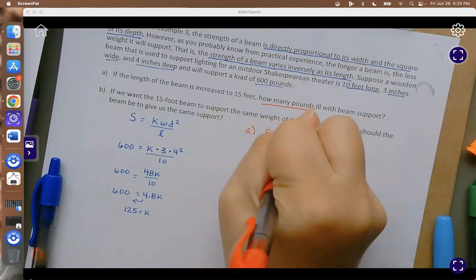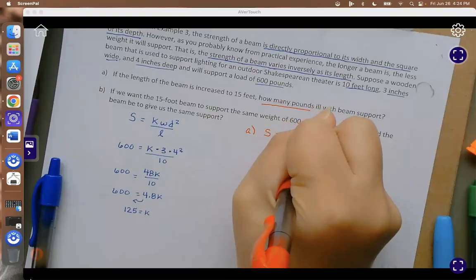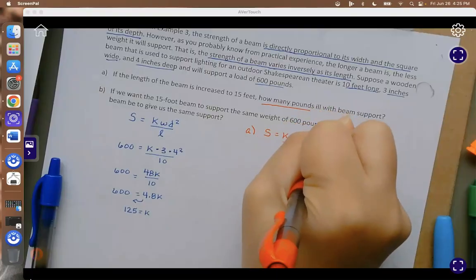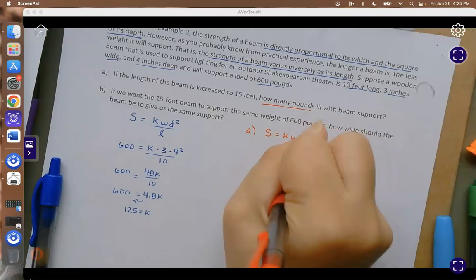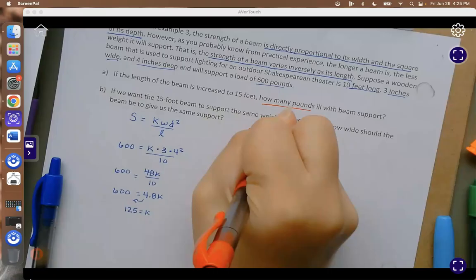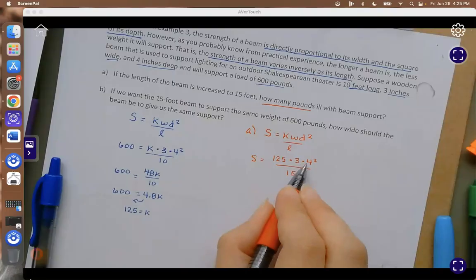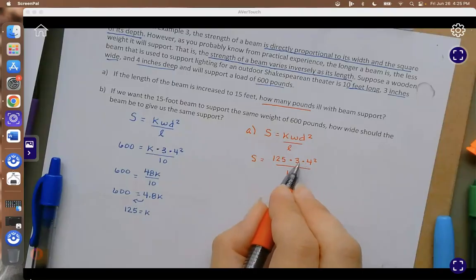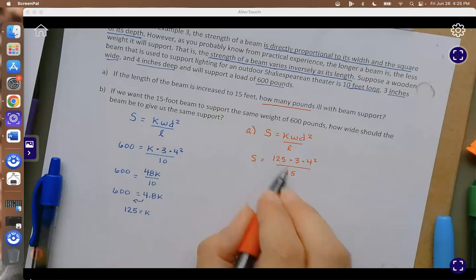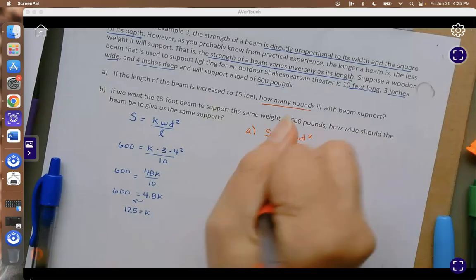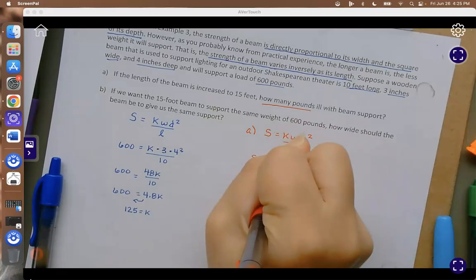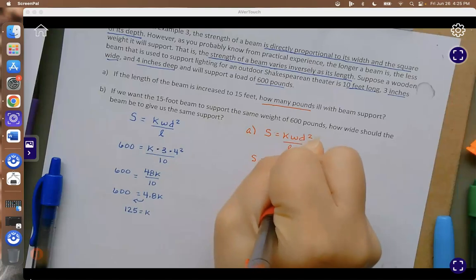So this is 125 times the 3 times the 4 squared, because they didn't change those, but the length changed to 15. Okay, so we multiply these. So 16 times 3 is 48. Then you do 48 times 125. Divide that by 15. So the strength that it would support is 400 pounds.